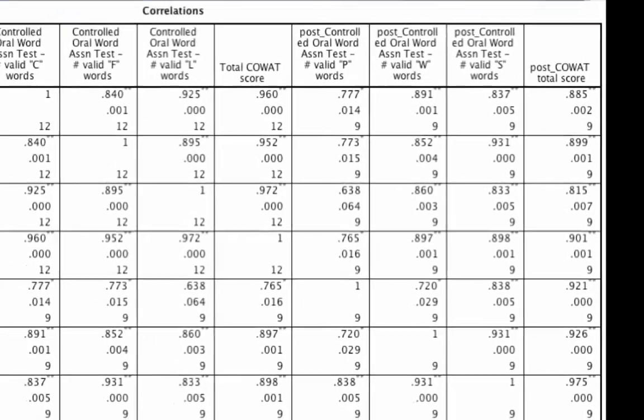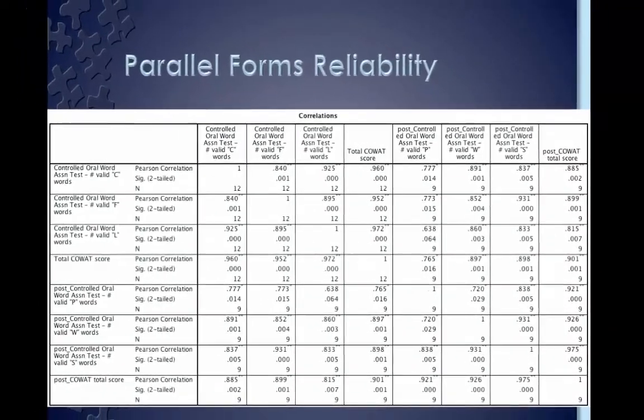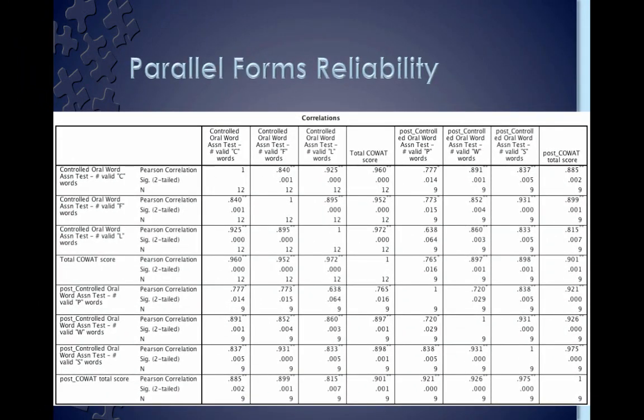But again, what are we talking about in this chapter? We're talking about reliability. So we need to step back and say, even though I know that the relationship between both total scores is very strong and direct, I'm looking at it in terms of reliability. So this 0.901, while it is Pearson's correlation, little r, is also our parallel forms reliability coefficient.